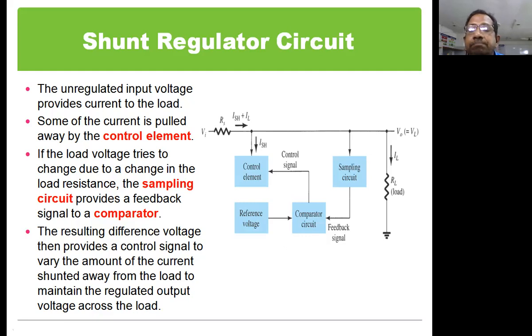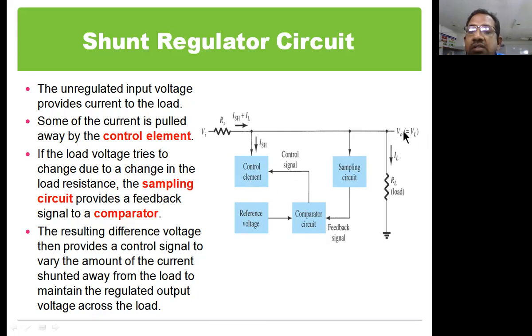So how can we explain the operation of this shunt voltage regulator? Imagine that V naught increases. Then the sampling voltage increases, and the control signal increases. When the control signal increases, the control element draws more current.